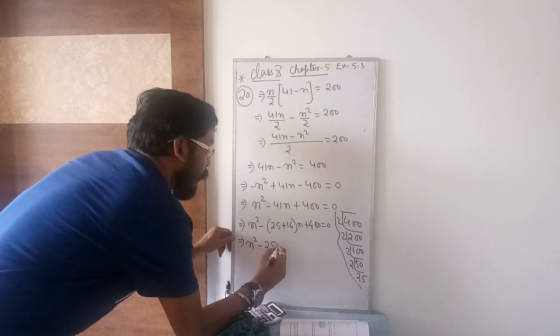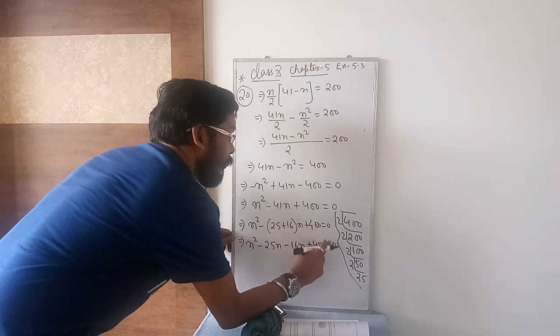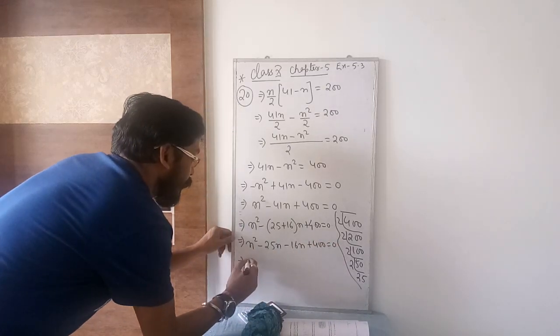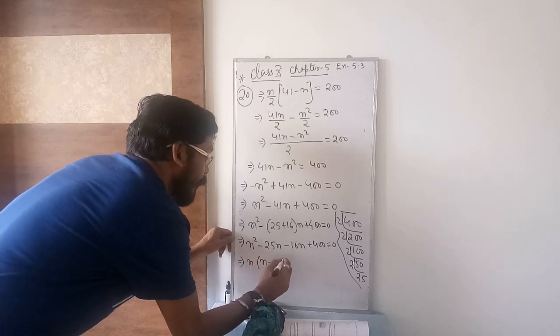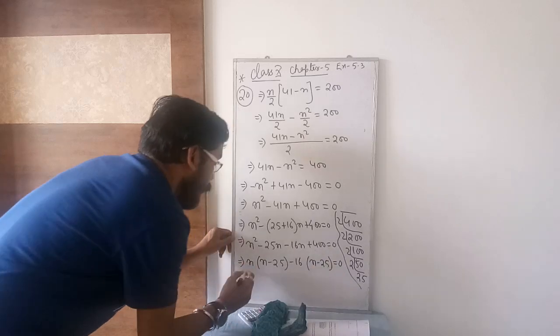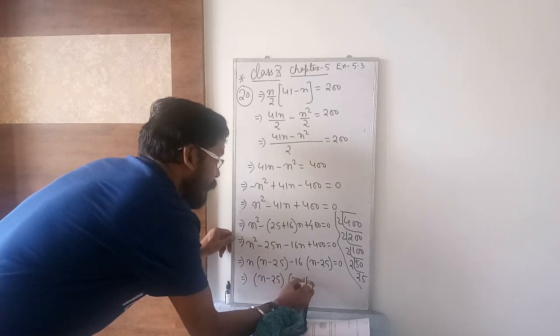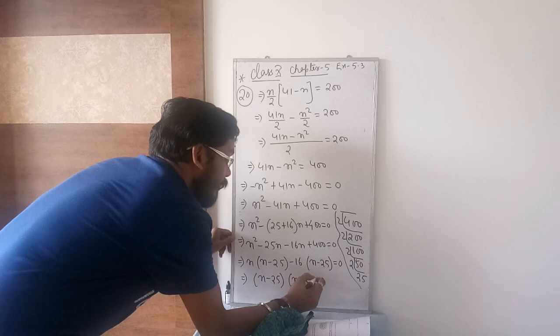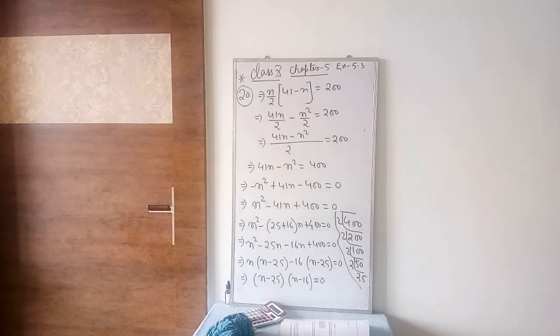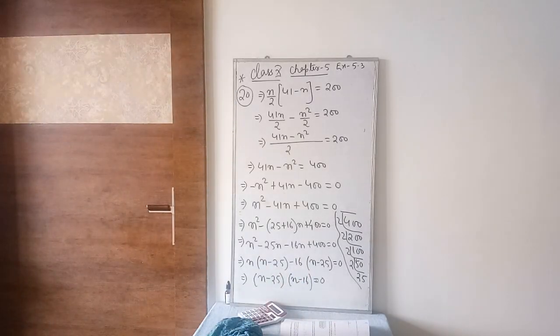n square minus 25n minus 16n plus 400 equal to 0. From the first two you can take common n, it is n minus 25. From the last two you can take common 16, so it is n minus 25 equal to 0. So the last common is n minus 25 times n minus 16 equal to 0. Take the screenshot. n minus 16, this is 16.